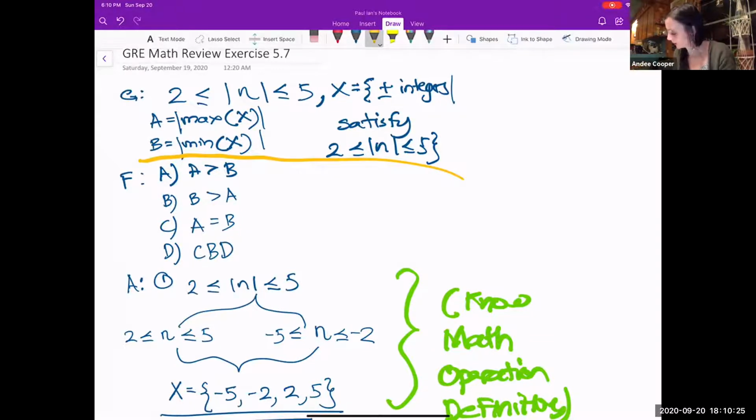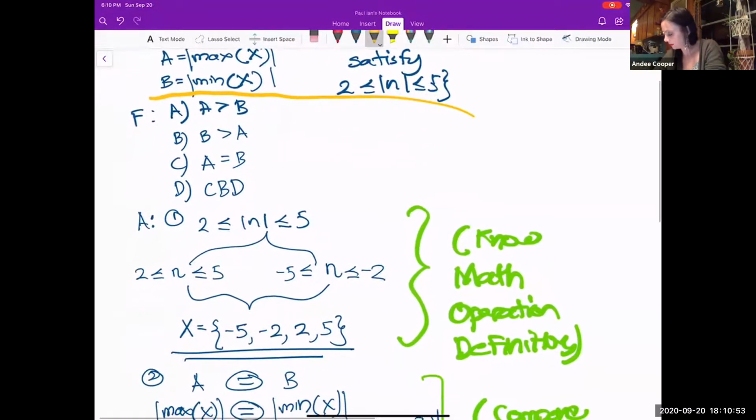It gives you that n is greater than or equal to 2 and less than or equal to 5. So the absolute value of the greatest integer in x, that would be 5, right?